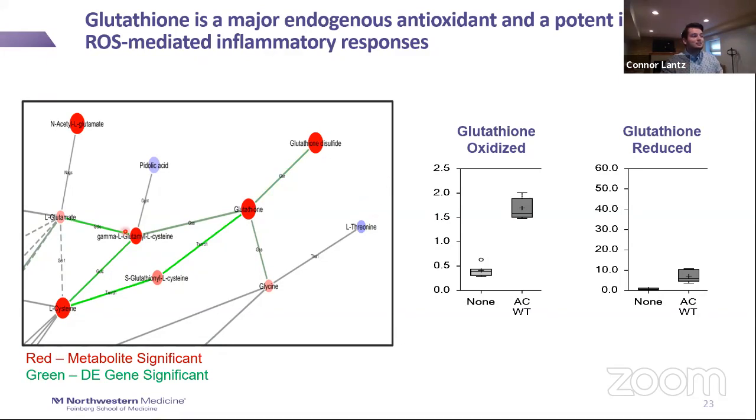And interestingly, in Shuang's data set, she also sees a significant increase within glutathione production and metabolism, further quantified here.